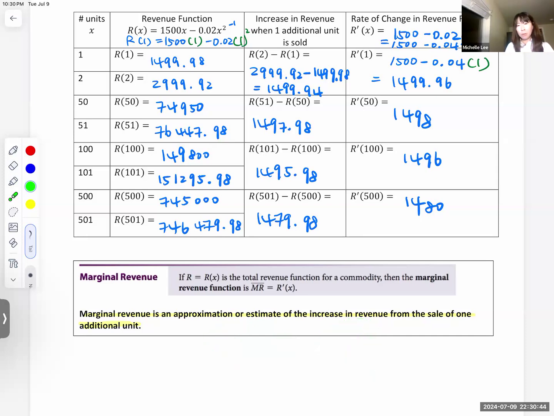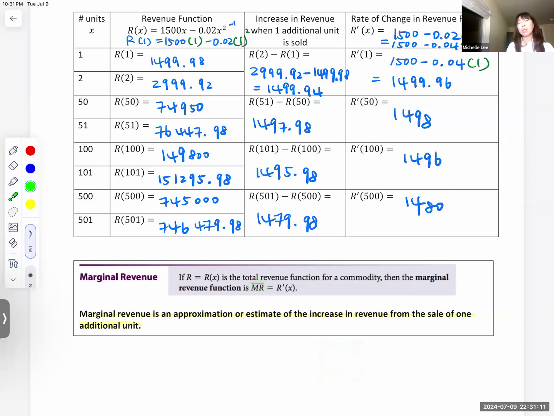Okay, then how do you find marginal revenue? We take the revenue and then the derivative of revenue, right? So we denote marginal revenue with the first letter M, marginal, and then R for revenue, with the line there.